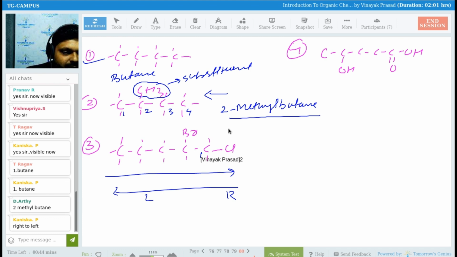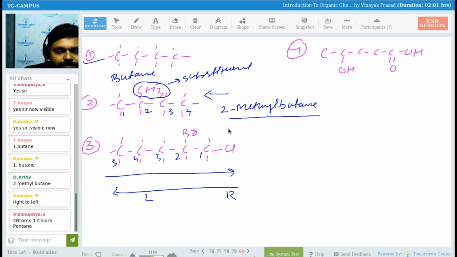Because at the first carbon only we are getting the Cl group. At second carbon also we are getting the Br group. These are substituents. So the name should be 2-bromo, 1-chloro, pentane.